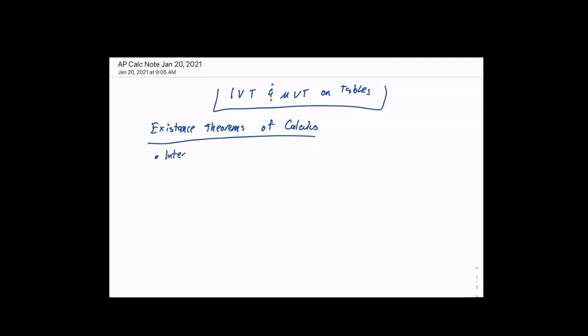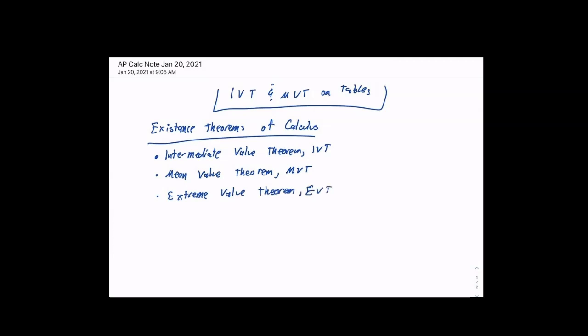the intermediate value theorem, IVT, the mean value theorem, MVT, and of course the one that we already covered, the extreme value theorem, EVT.